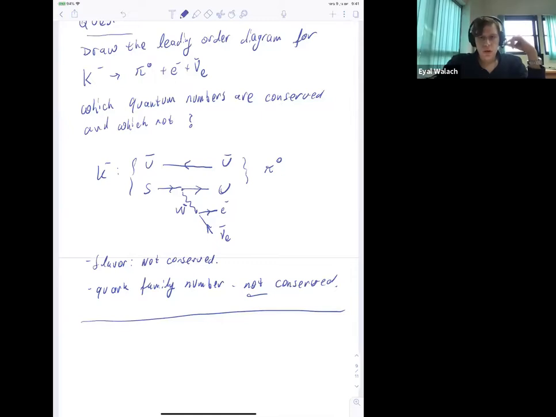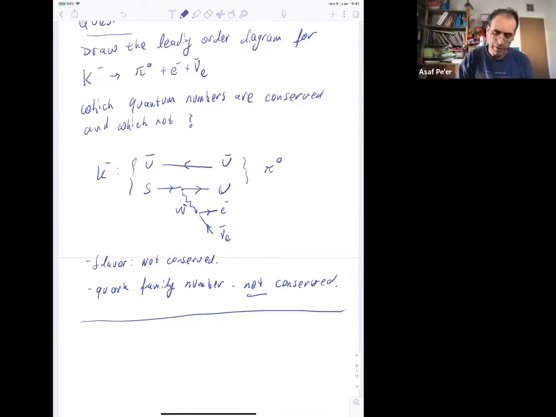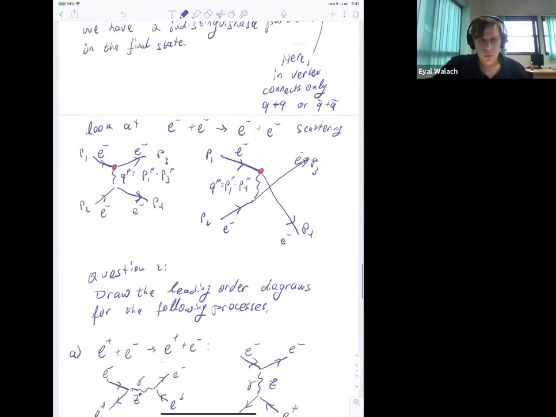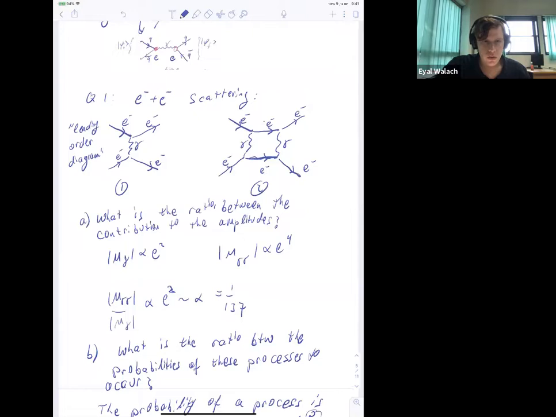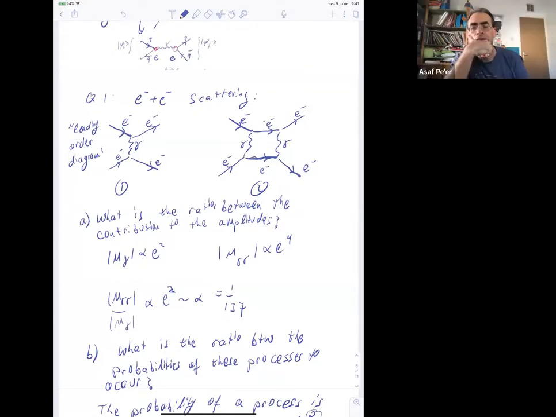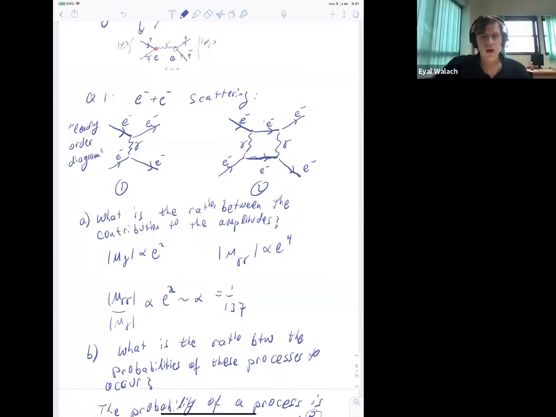I have one question about the second order that you mentioned long ago. The second order that I mentioned, yes. So we plotted the e e with two photons. Yes. Is there also a second order diagram with diagonal photon lines, meaning that the photon that the first one emits only reaches the second one?